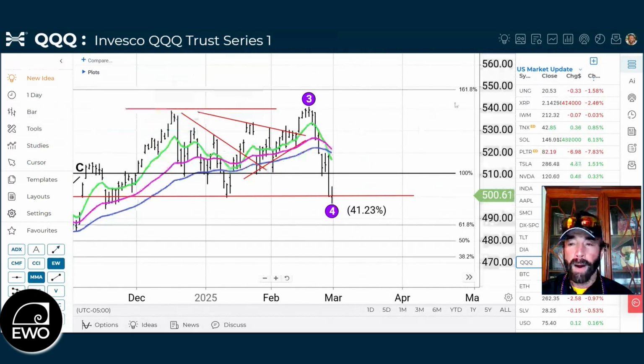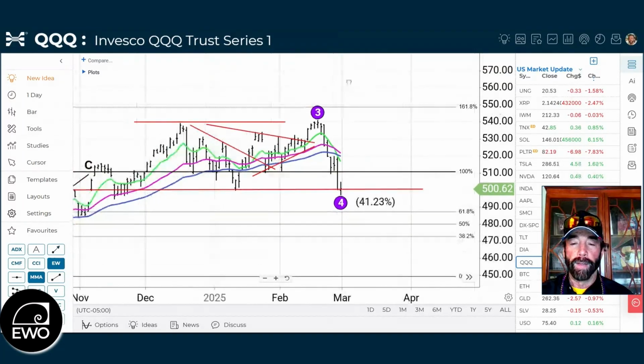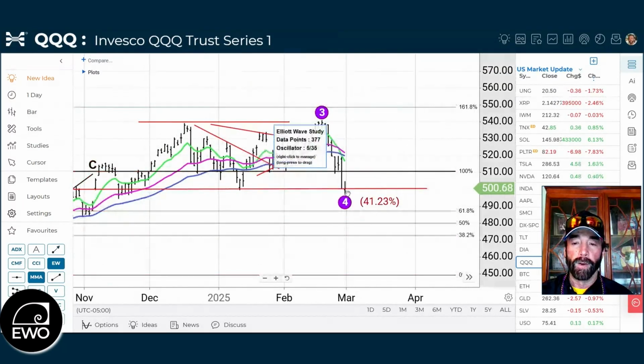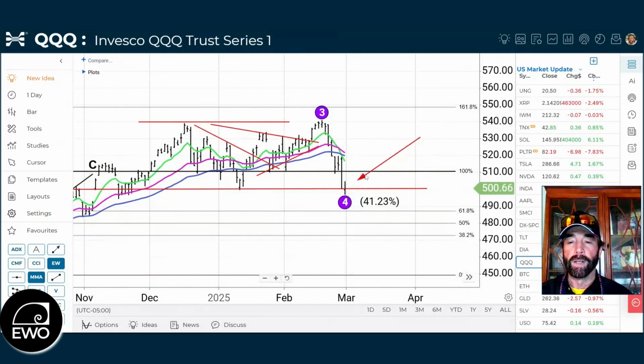Now, the one positive here on the Qs is that we have labeled a wave 4. We're right at the 38.2% level. Just as we talked about on the S&P, we're a little oversold here. So right here around this wave 4, perhaps at this point in time, we do get a little bit of a bounce back to the upside.